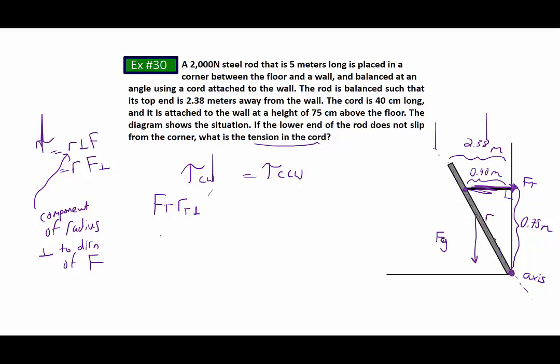So I'm going to put on here Ft times 0.75 meters, and that's equal to the counterclockwise torque, which is just the force of gravity, so Rg perpendicular. When I look at the radial line going out to here, what is the component of the radius that's perpendicular to that force?